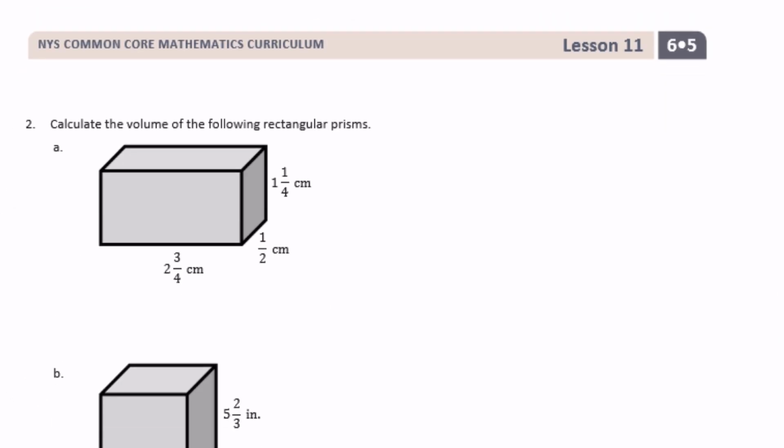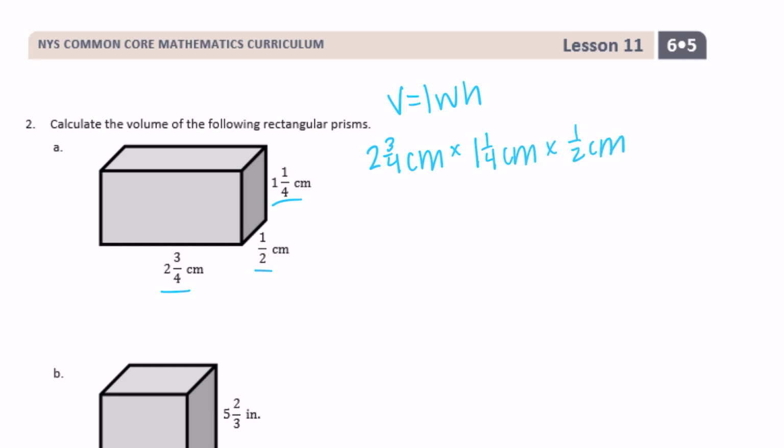Number 2, calculate the volume of the following rectangular prisms. Okay, so remember, volume is equal to length times width times height. So 2 3/4 times a half times 1 1/4. I'm going to make them improper fractions.